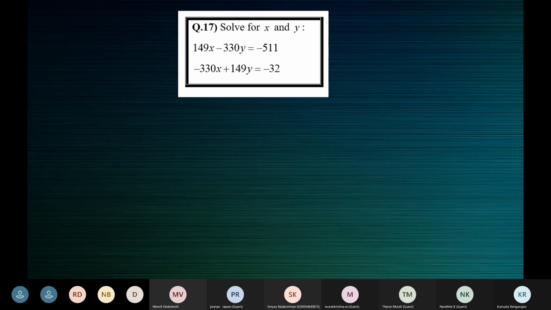Shreyas. Good, I've got answers from Meera and Shreyas. Tarun. Nandini. Good.